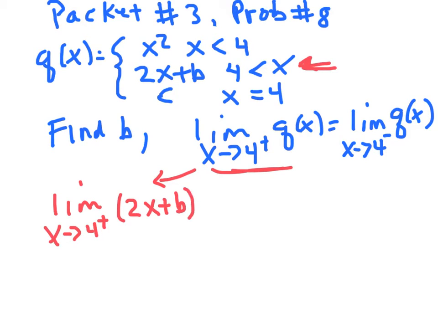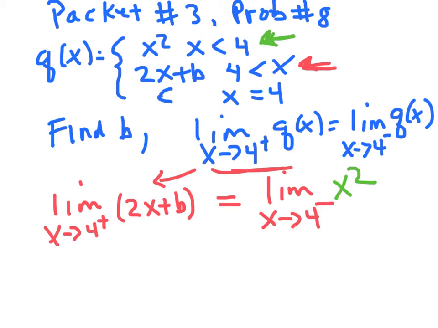It's 2x plus b. And I want that to equal the limit as x approaches 4 from the left of q of x. And in that case, q of x is going to come from the x squared portion of the piecewise function.